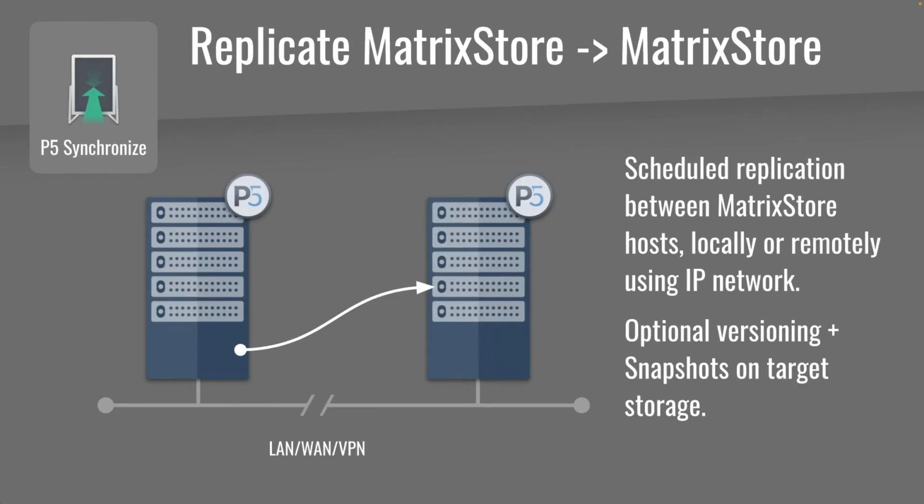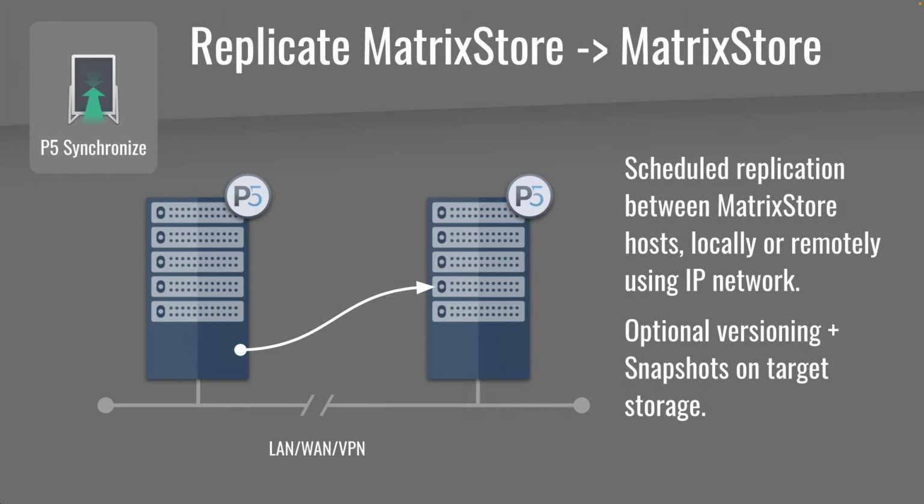And then I mentioned that we have this product, P5 Synchronize, up on the left there. P5 Synchronize could run directly on the MatrixStore hosts and allow you to just do replication between two MatrixStore hosts that are connected either on a LAN or maybe remotely across a secure wide area network or VPN. And when P5 Synchronize is making a replica, it does so on a scheduled basis, so you can tell it to run every 4 hours or every 24 hours.